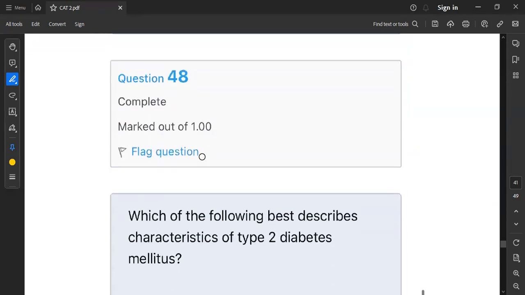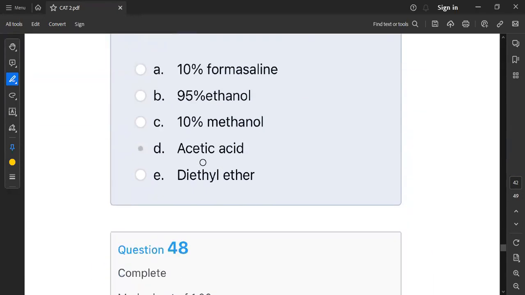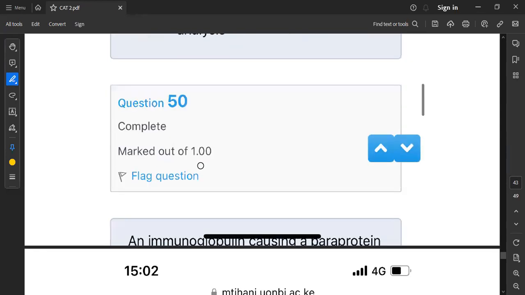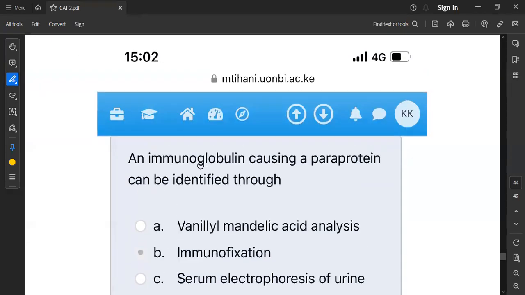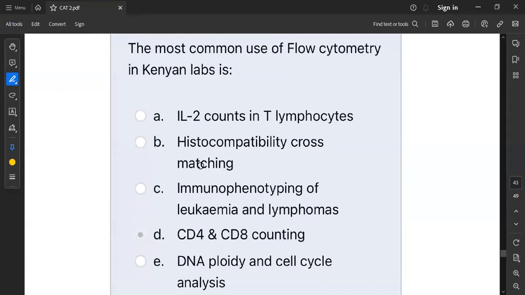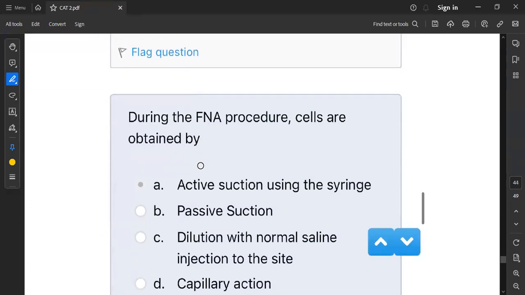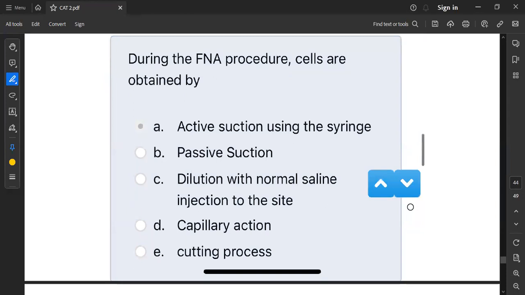Number 51. During fine needle aspiration procedure, cells are obtained by what? How do you obtain cells in fine needle aspiration? What could be the most appropriate response?